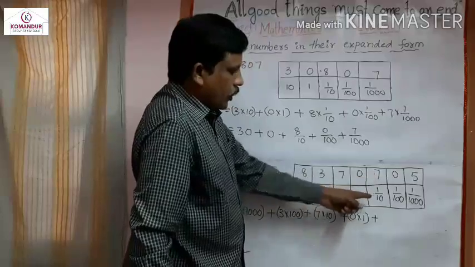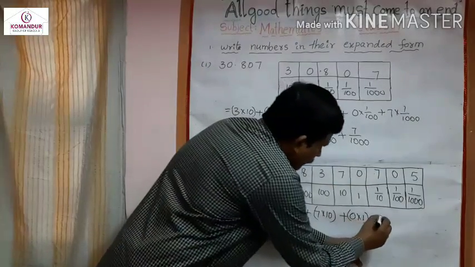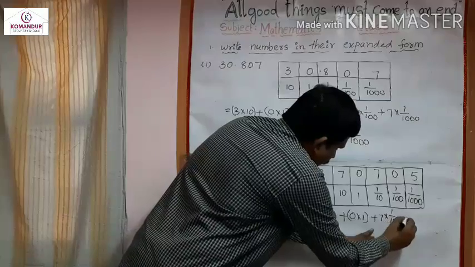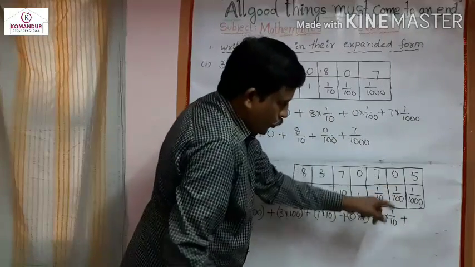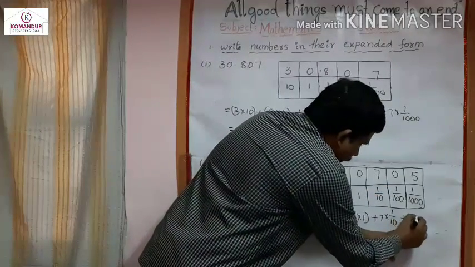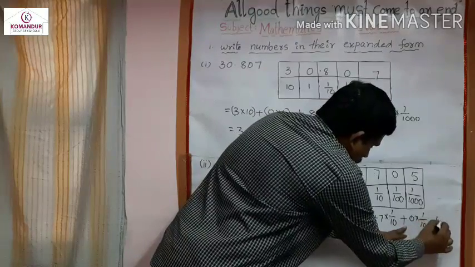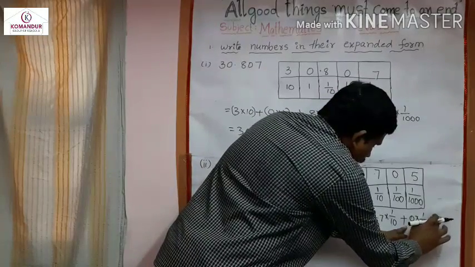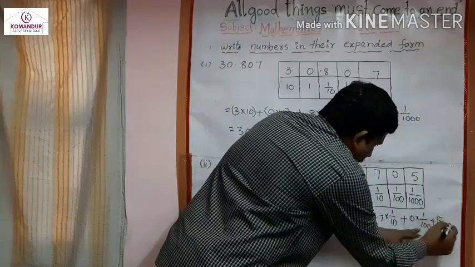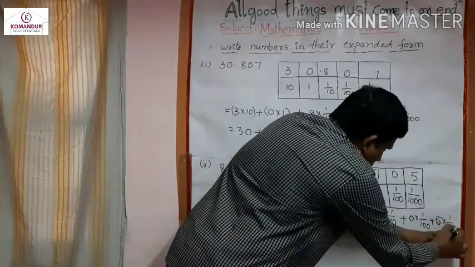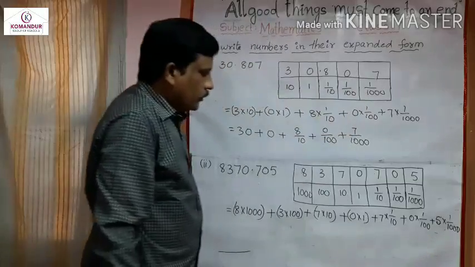Now 7 into 1 by 10, 0 into 1 by 100, 5 into 1 by 1000.